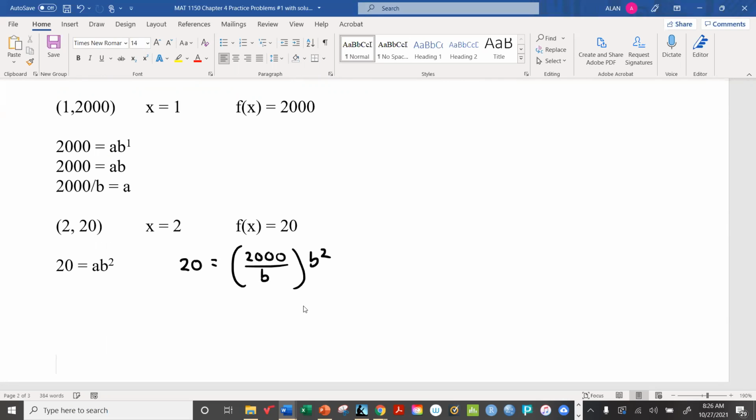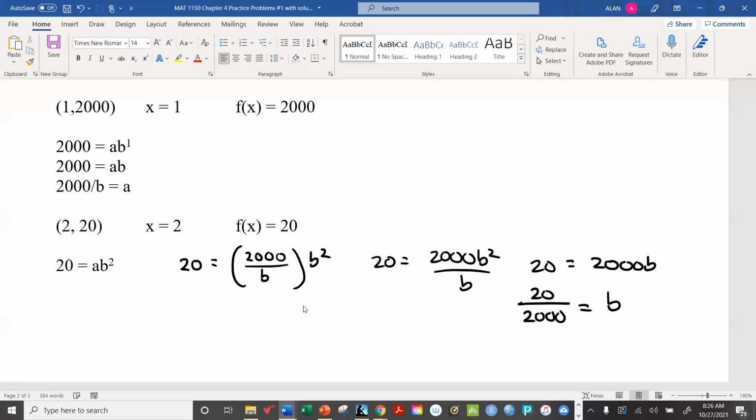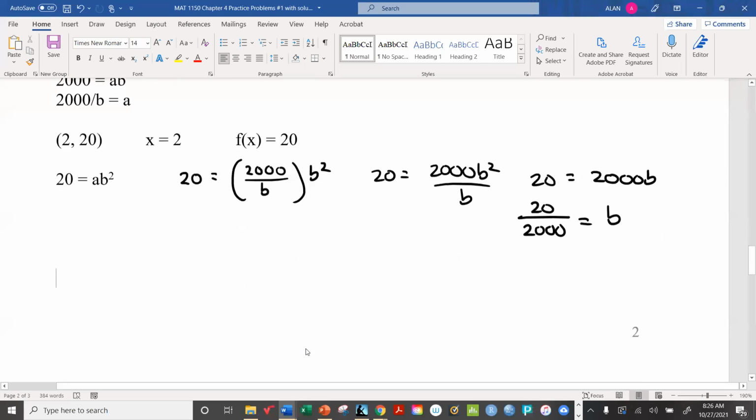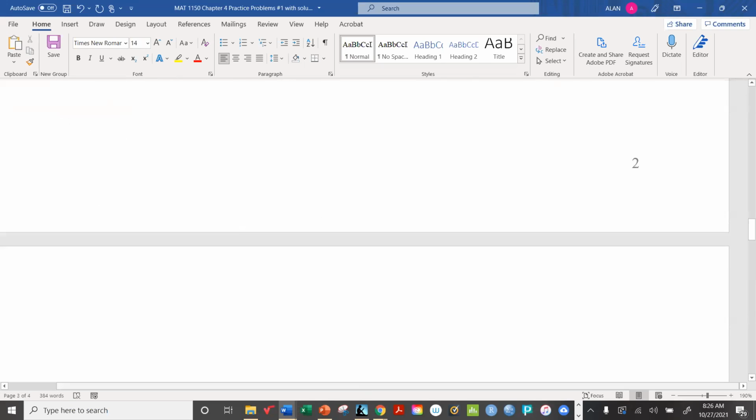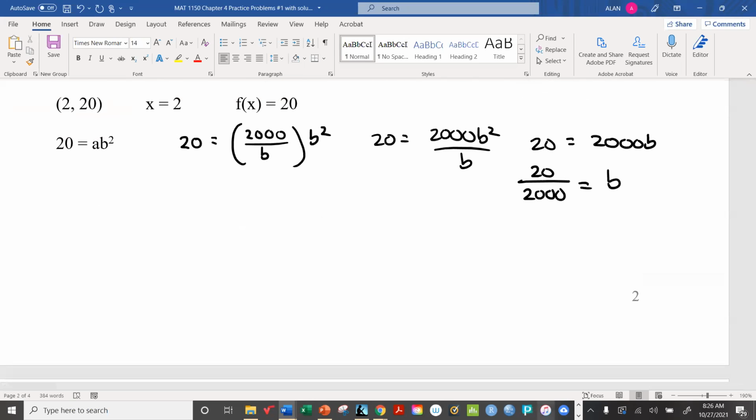Now here we got lucky, because all this is telling me is that 20 is 2,000 b. So b is a very straightforward constant. What we have to do is divide by 2,000. 20 over 2,000 is 0.01.